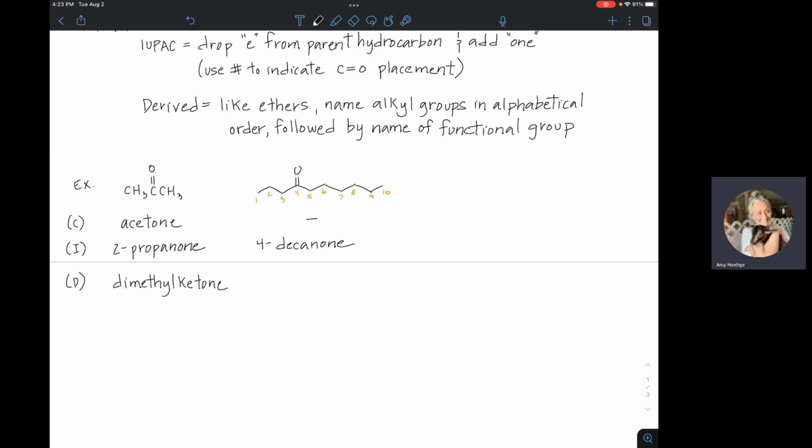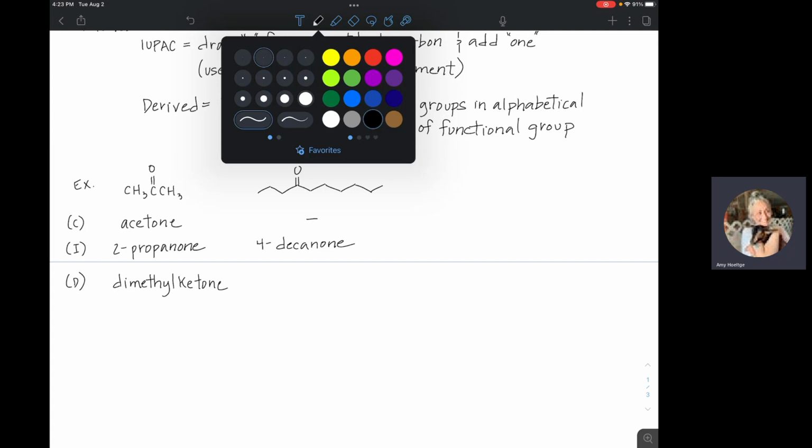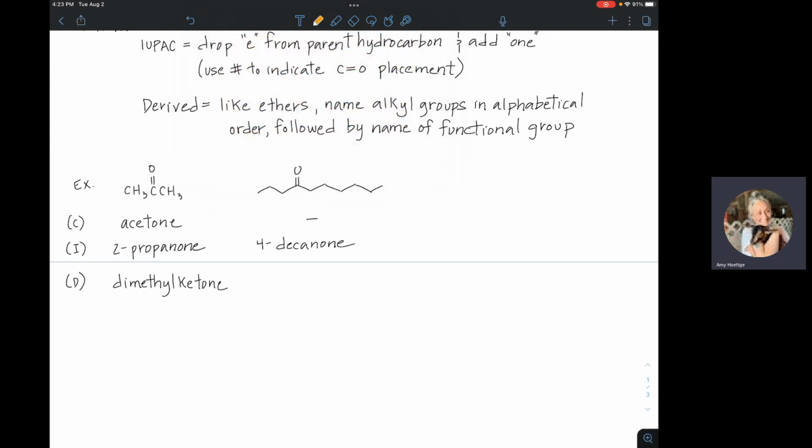If I wanted to name this using derived nomenclature, I would take the alkyl groups on either side of the carbonyl. So in that case, this would be one alkyl group. So that's a propyl group. And then over here, I have 1, 2, 3, 4, 5, 6.